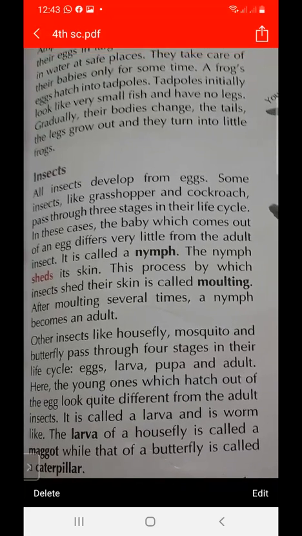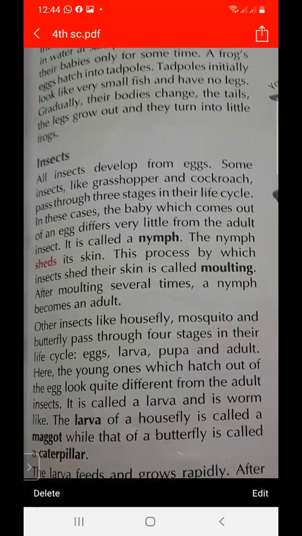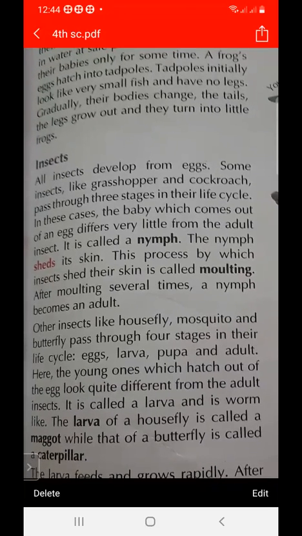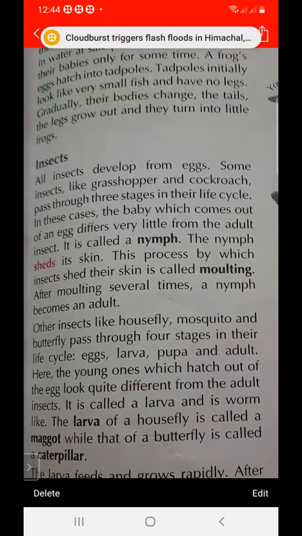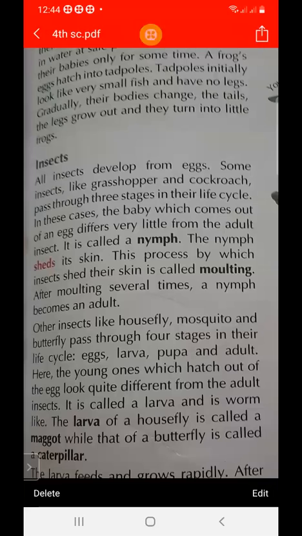So the small baby insect from the egg is called a nymph. And after molting, this will change into the adult.